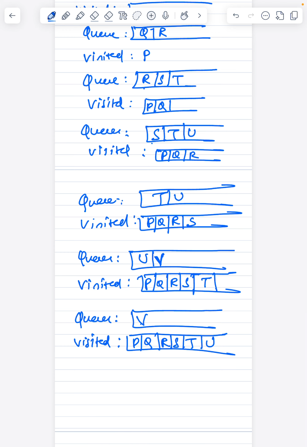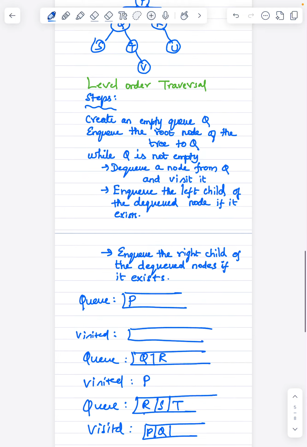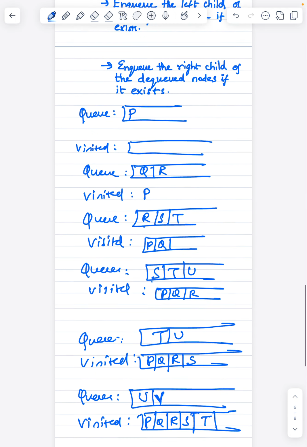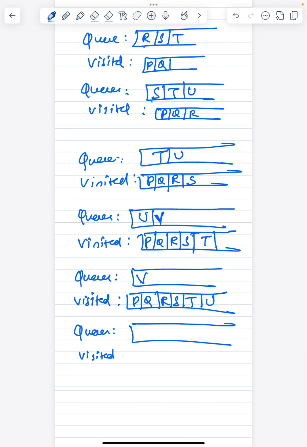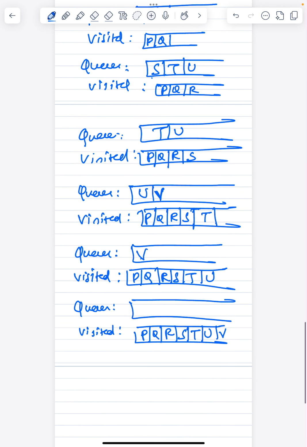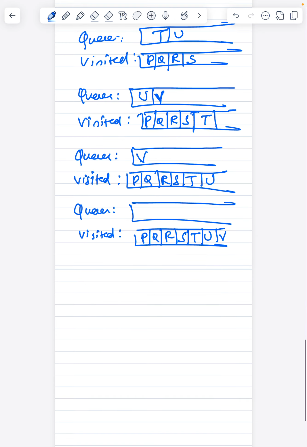We have to look for the adjacent nodes of V. We don't have any adjacent node for V. So the queue will become empty. Visited will become P, Q, R, S, T, U, V.